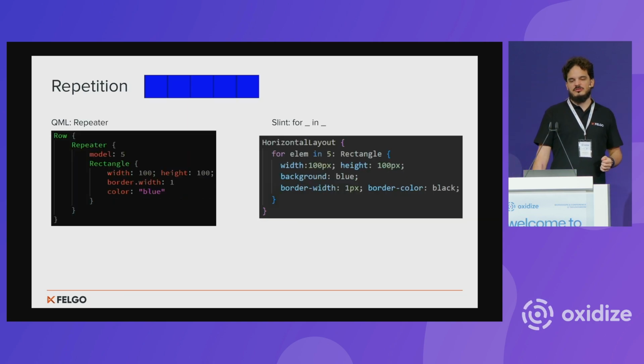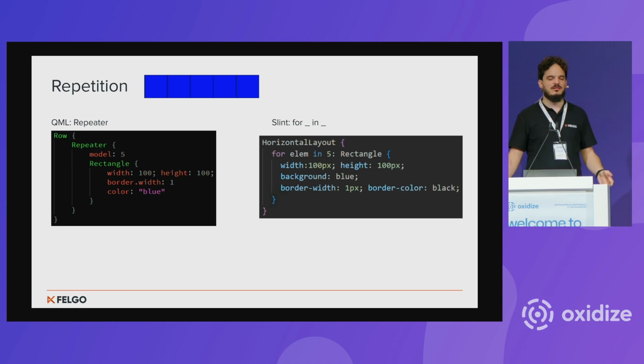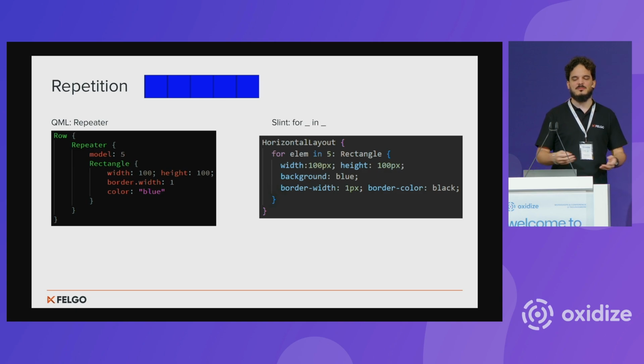Yeah, for repetition, in QML you have this Repeater element, a component where you just give a model that you want to repeat n times. Here in this example, you see just a simple rectangle repeated 5 times, and it's similar in both of them.